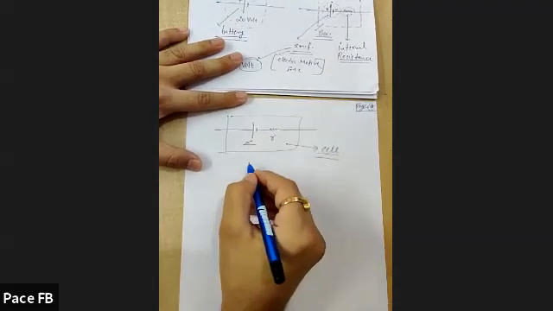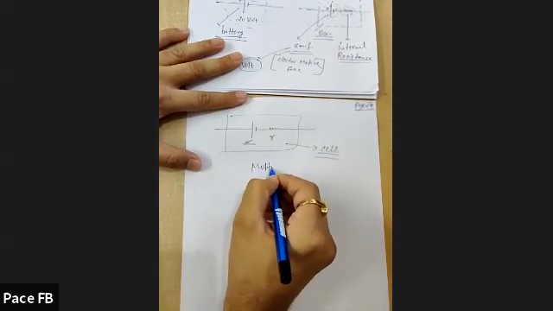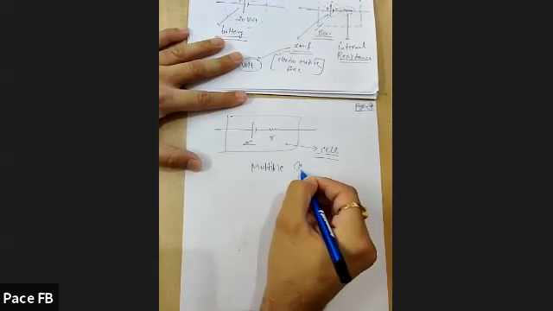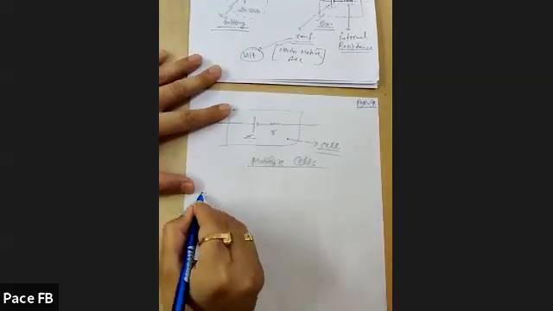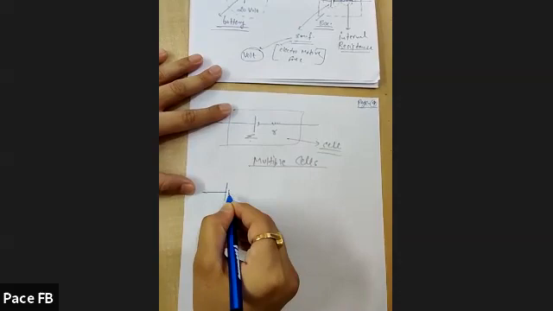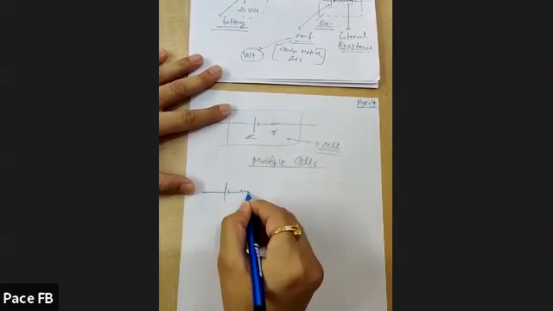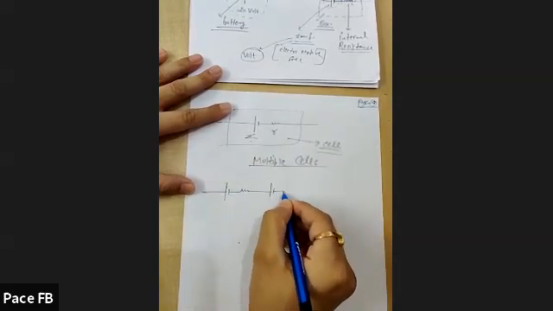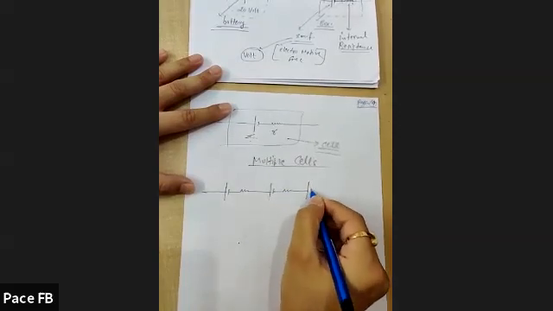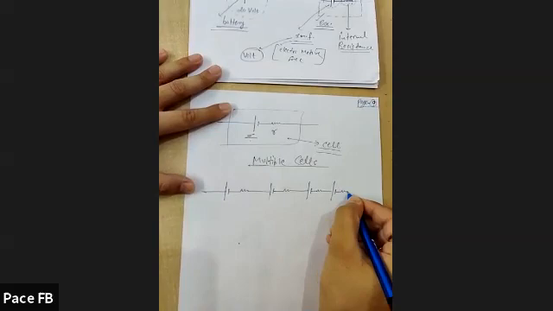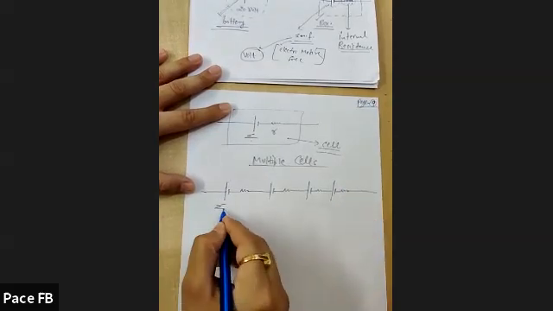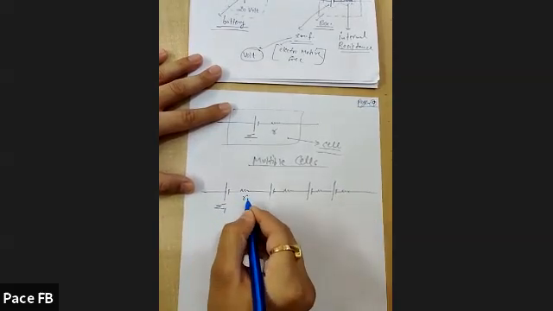Now if multiple cells are connected like this, let's say in series, this way. This is the first cell. This one is the second cell. This one is the third cell. This one is the fourth cell. Let's say this one is having E1, this is R1.